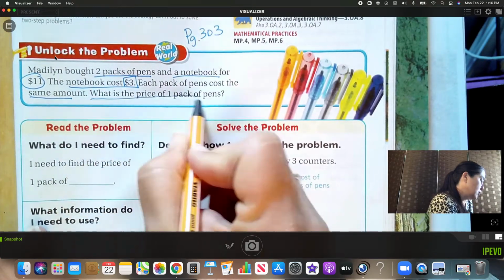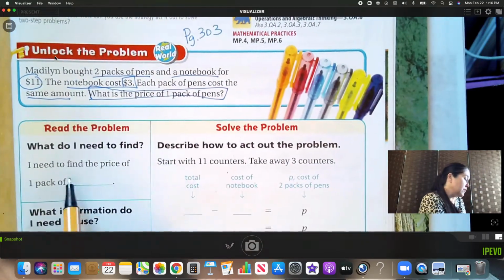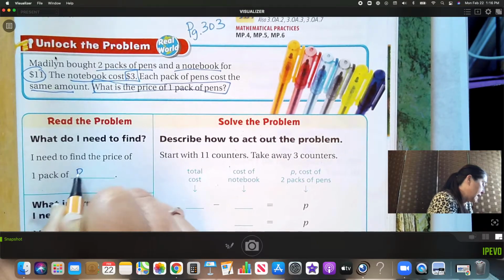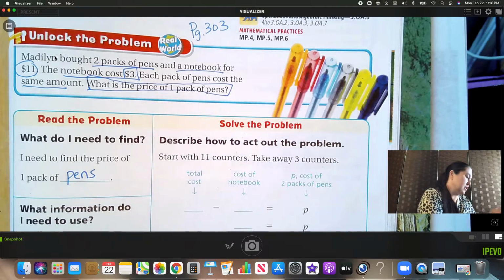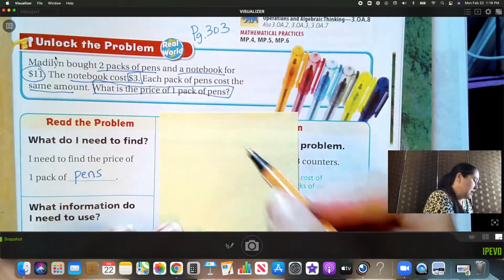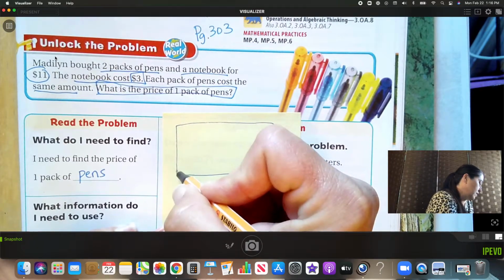This is the question. So this is what I'm being asked. I need to find the price of 1 pack of pens. Now, if I want to draw a little picture, just to sketch it out before I begin with some counters, here's my total of $11, right?